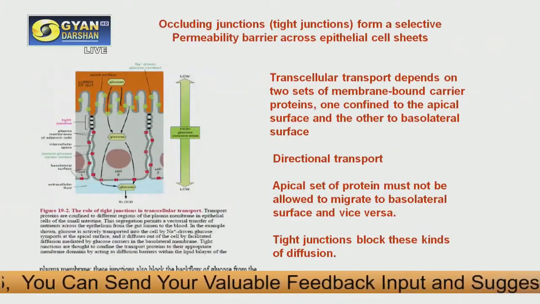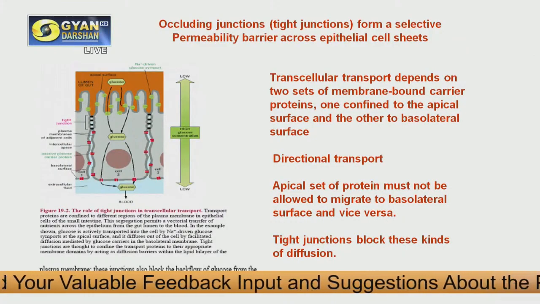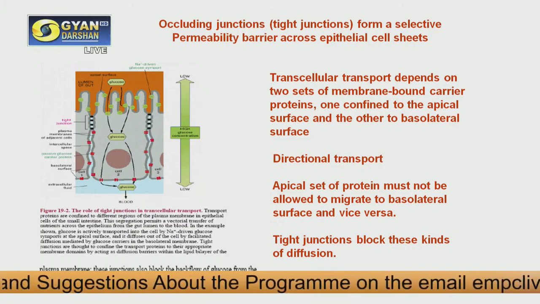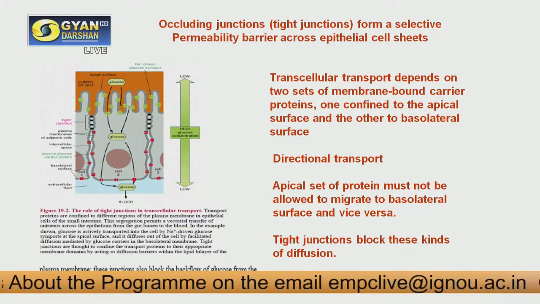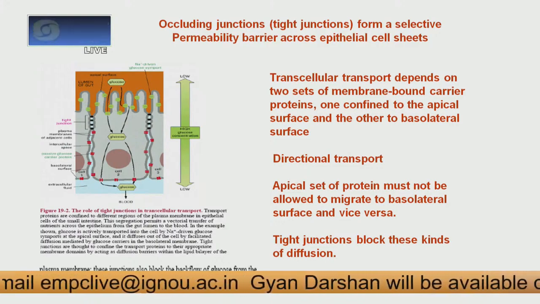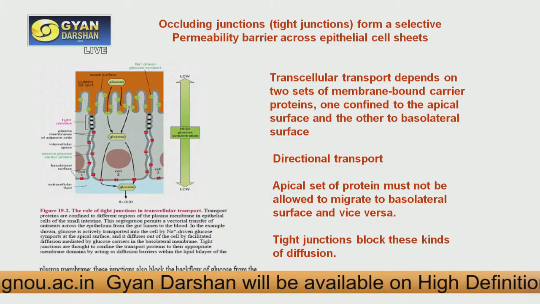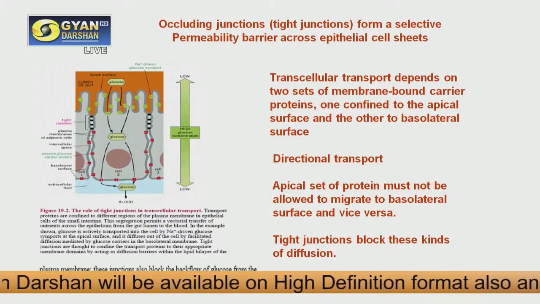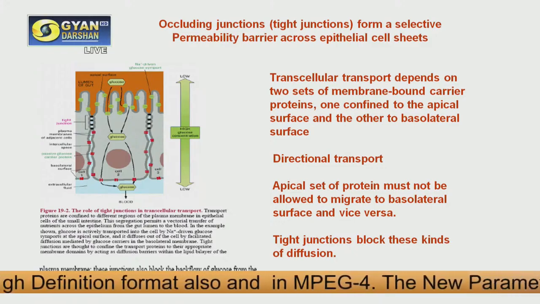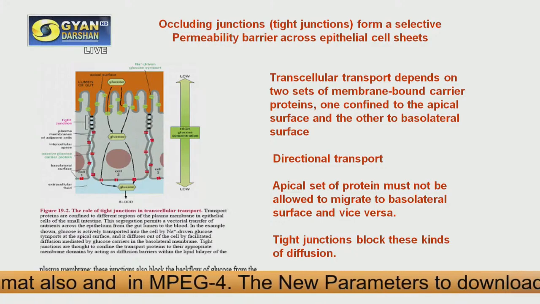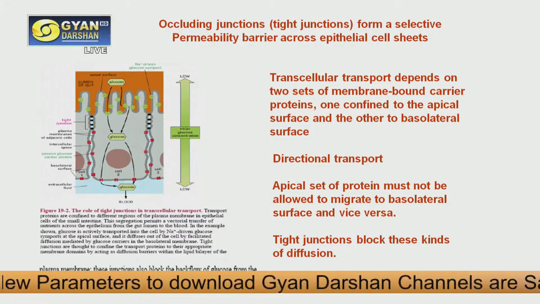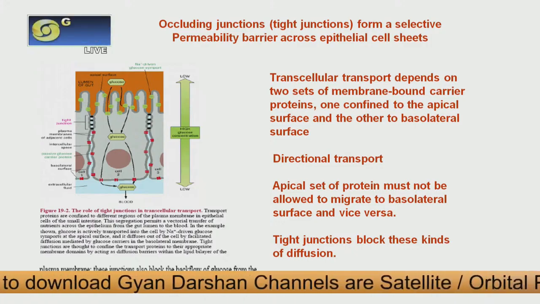So we start with the occluding junction. As I said, it is also called the tight junction. Now try to understand why these types of tight junctions or occluding junctions are needed. These types of junctions are mostly found in those cases where you do not need this kind of free exchange of proteins. Like, let's imagine an intestinal surface. Now this intestinal surface has an apical surface and a basolateral surface.